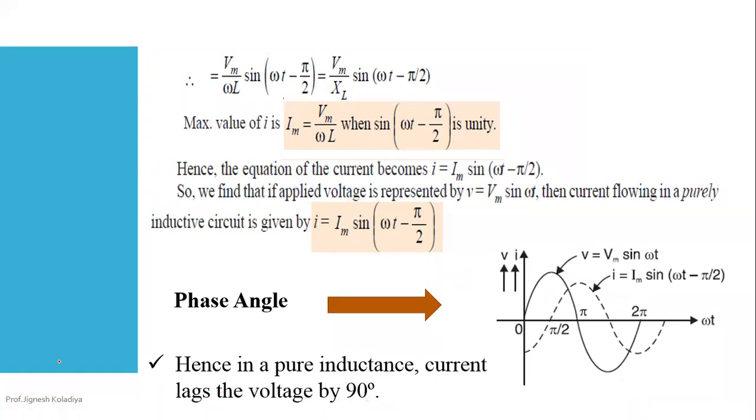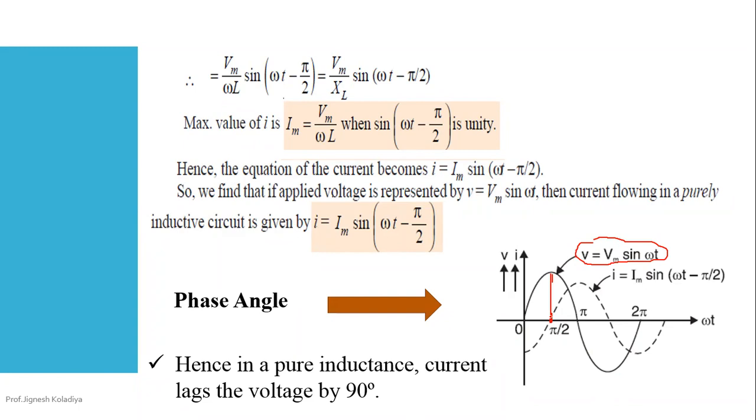So if you want to draw the phasor, the waveform, you can draw like this. Voltage is our reference. So I can draw the voltage, and then at 90 degree, once the voltage is crossing the zero, the current is going to cross zero.